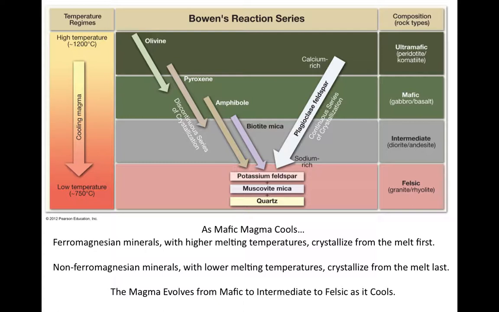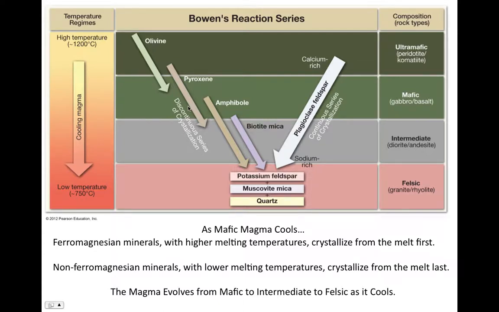And the olivine and pyroxene don't have a lot of silica in them, so they're not taking that much of the silica tetrahedra out of the melt, because if you remember, olivine is the isolated tetrahedra, and pyroxene is the single chain tetrahedra. And so as the olivine and pyroxene form and settle out, they are removing iron and magnesium from the melt, thus making it a little bit less mafic and a little bit more intermediate.